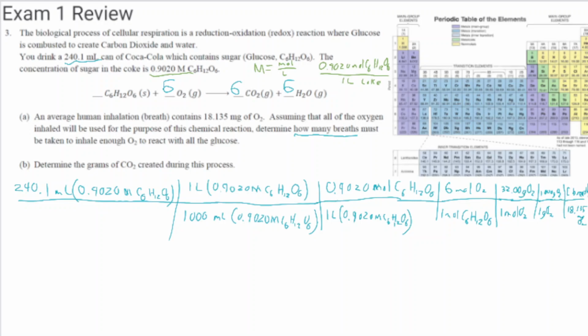This is milligrams of O2, or should have been. I wrote out the wrong one. All right. This should have been milligrams of O2.